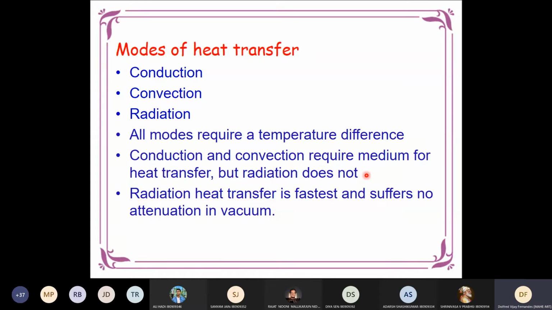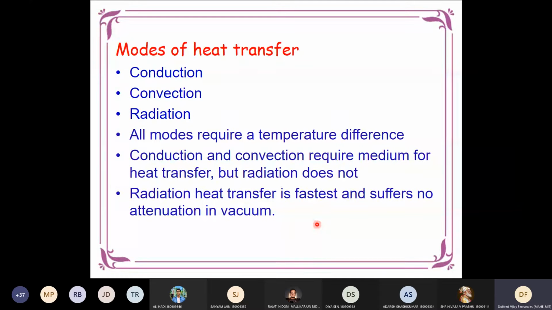In vacuum also, radiation heat transfer is possible. And out of the three modes of heat transfer, radiation is the fastest one. So these are facts, right? Maybe some of you may not understand, or have a question, you have to raise it now.